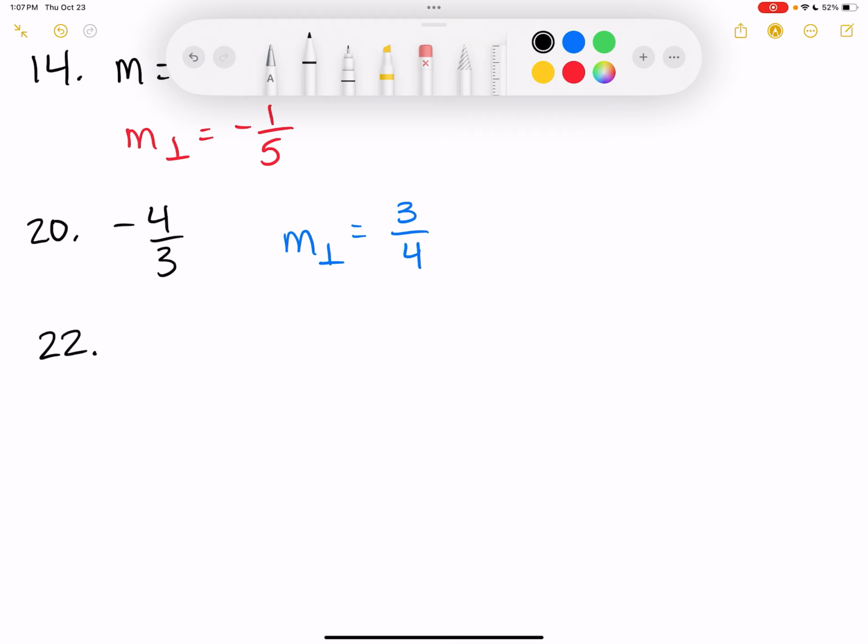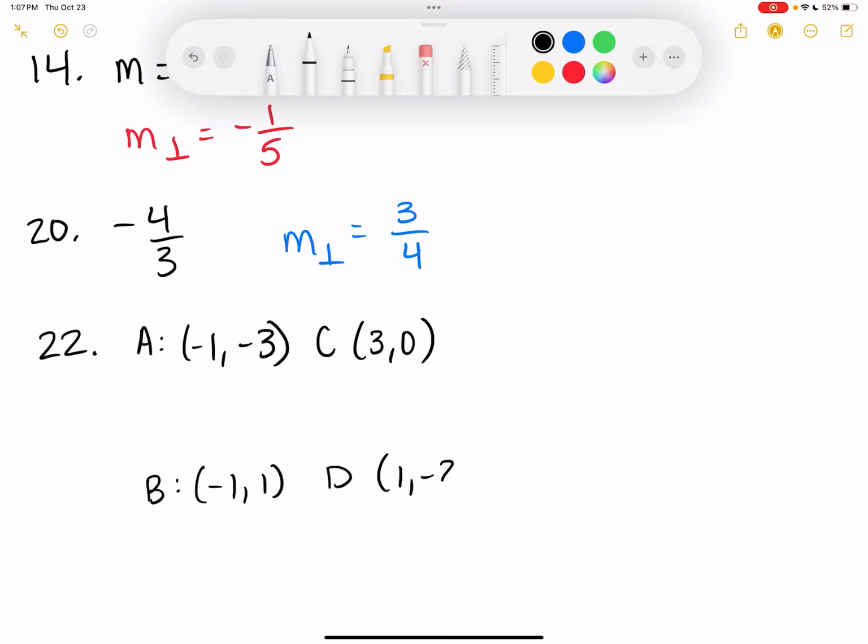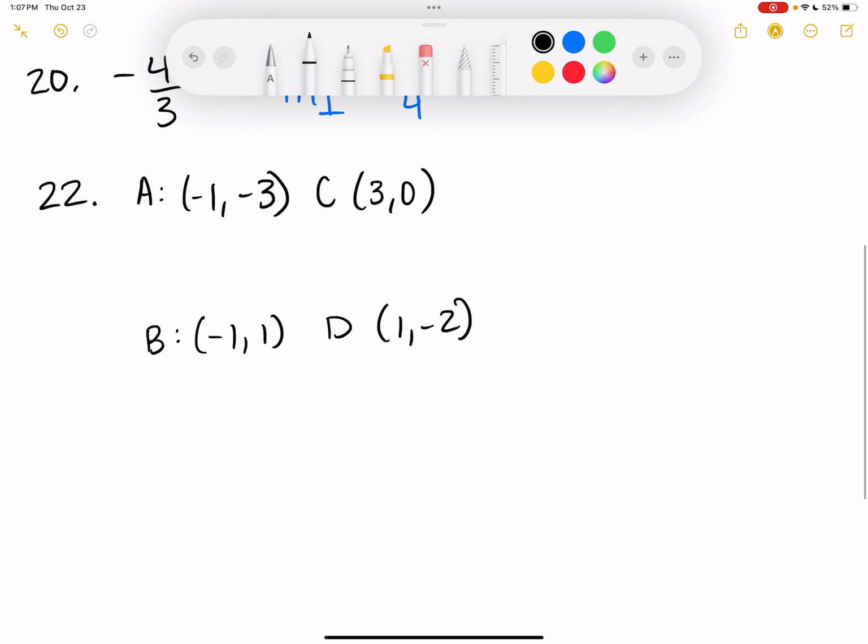So point A is -1, -3, and C is 3, 0. And then B is -1, 1, and D is 1, -2. All right, so we're going to find the slope of these two things, and obviously the picture would show you that A and C go together, B and D go together, but they also said it in the instructions.